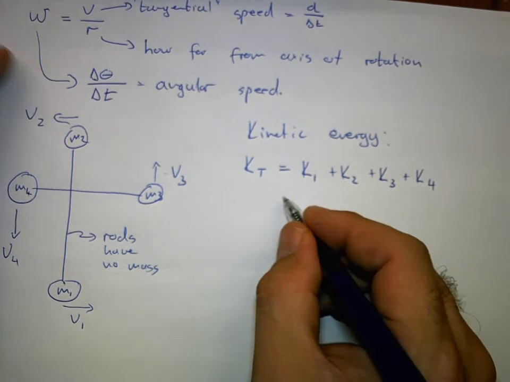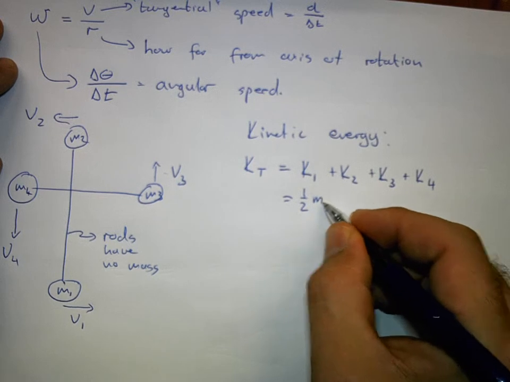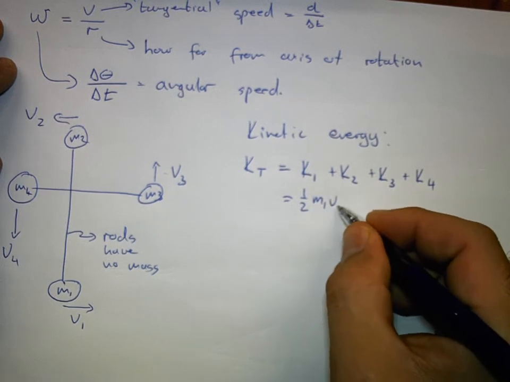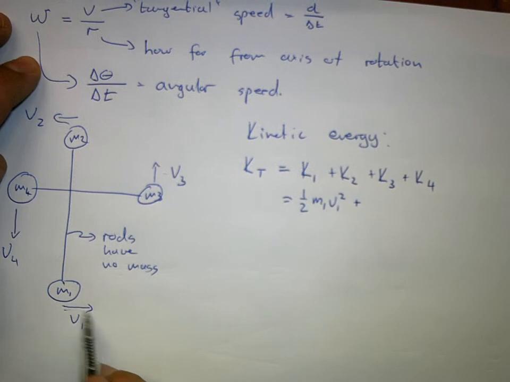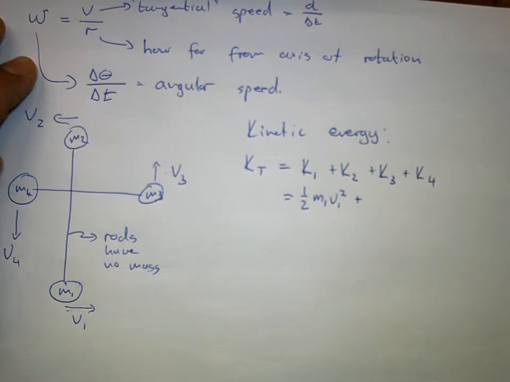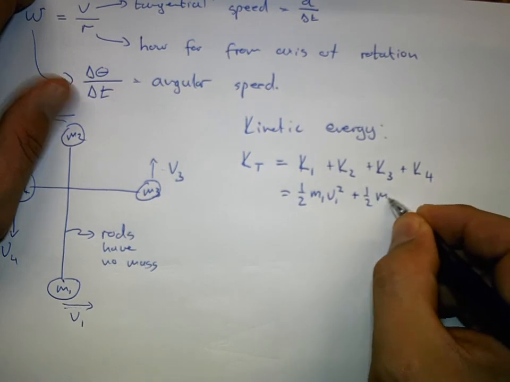Now, these expressions we know, this is just a half times mass 1 times its speed squared. This is its tangential speed, the speed that we get by looking at the physical distance traveled divided by the time it takes. And the same for the other ones.